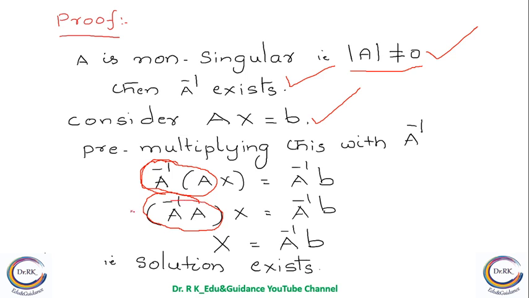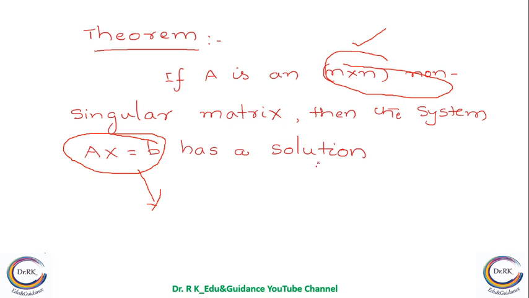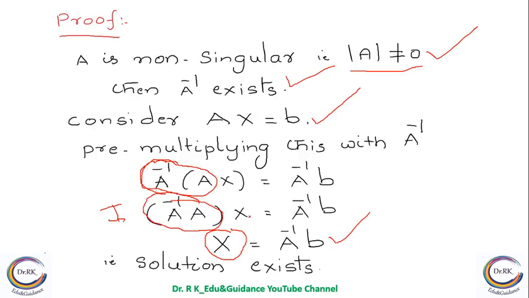The identity matrix product with any matrix gives that matrix. So I into X is X. Then X = A inverse B, where X is nothing but the solution. That means whenever this matrix is non-singular, then the system of equations Ax = B will have a solution. This is one theorem.